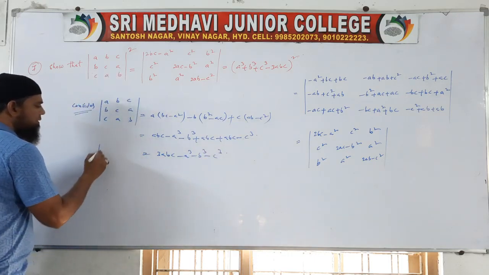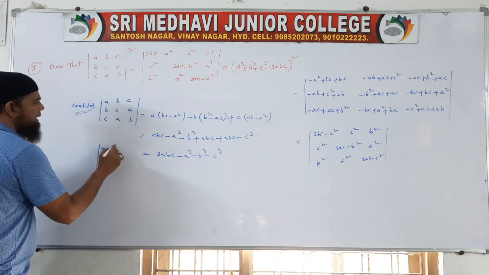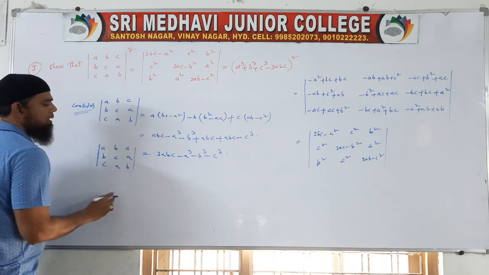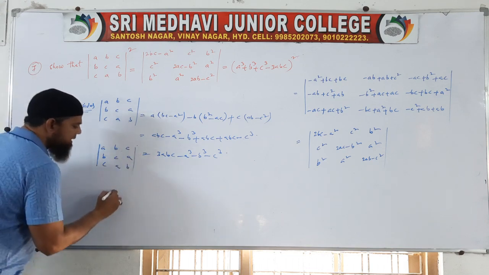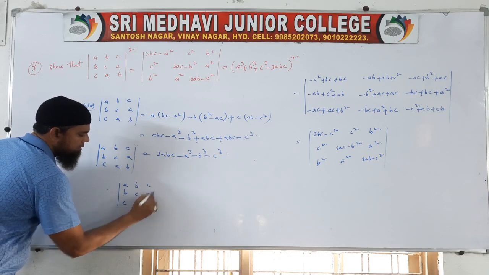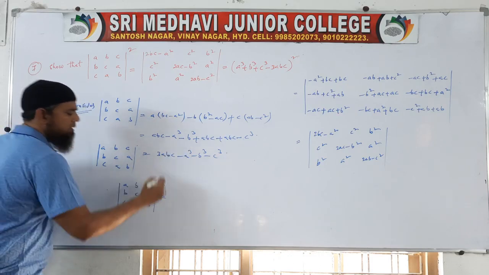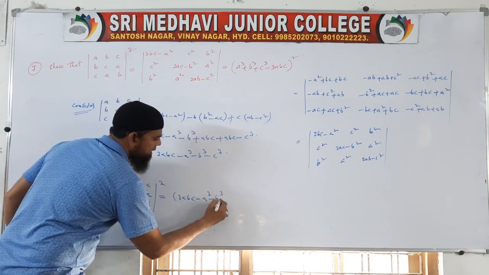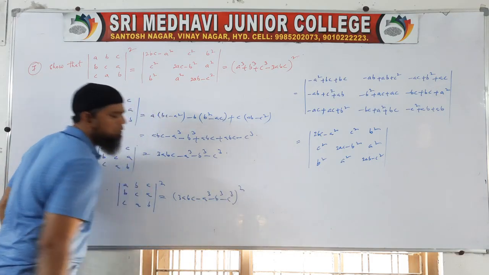This is the determinant of A, B, C, B, C, A, C, A, B. If square is there for the determinant, for the answer also we have to keep square: 3ABC minus A cube minus B cube minus C cube, whole square.